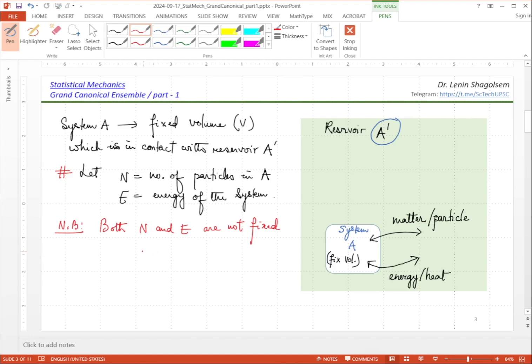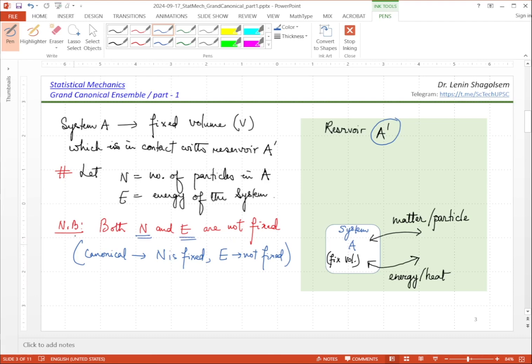In the earlier case of the canonical ensemble, if you remember, N is fixed and E is not fixed. But here in the grand canonical, both N and E are not fixed.